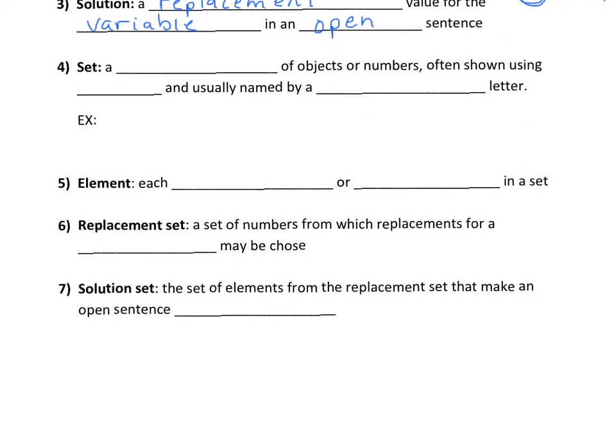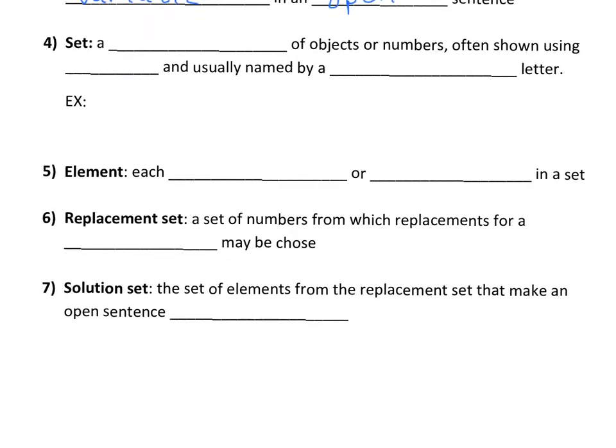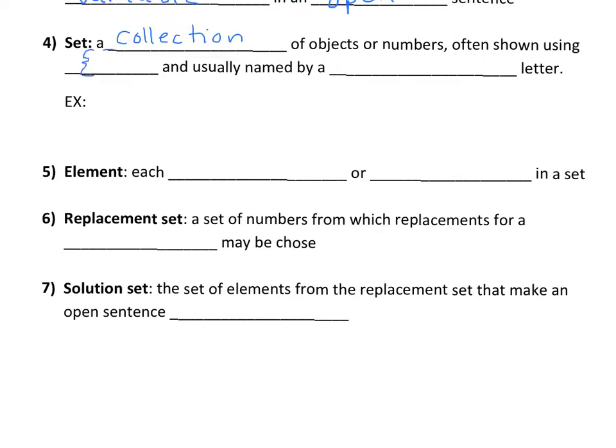The next set of vocabulary words we have, number 4, is called set. Okay, set. It's a collection of objects or numbers, often shown using set brackets. The book refers to them as braces, but they're like little set brackets, and usually named by a capital letter.